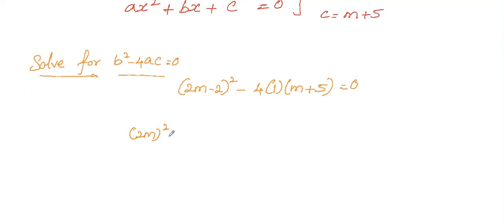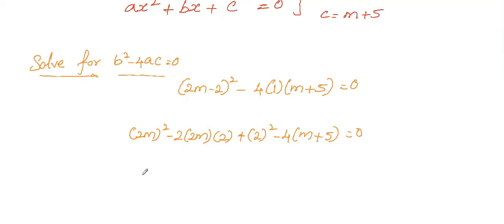Use (a minus b) whole square and expand this, which is (2m) whole square minus 2 into 2m into 2 plus 2 square, and then minus 4 into (m plus 5) equals to 0.